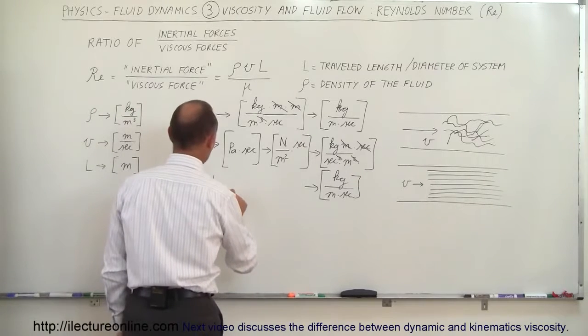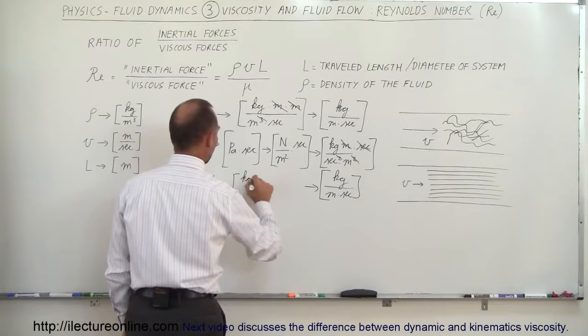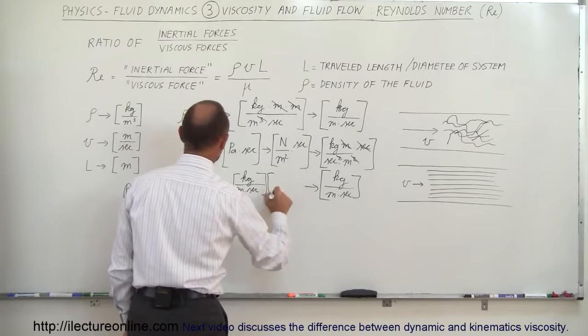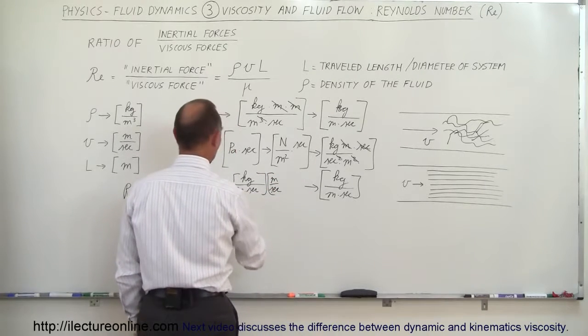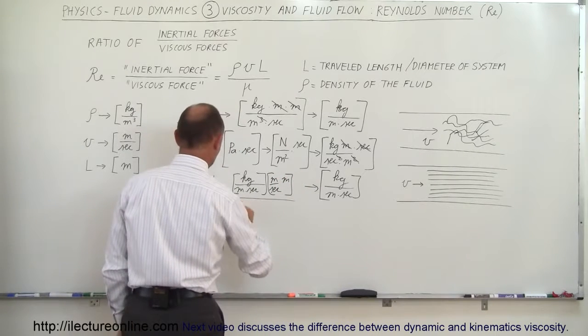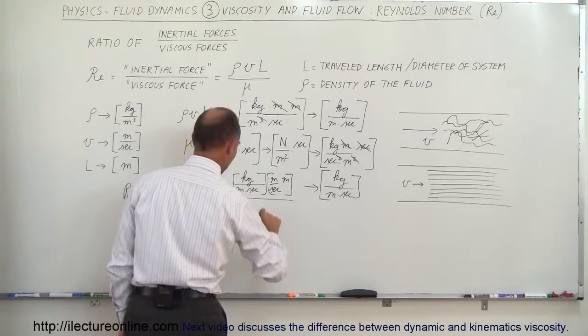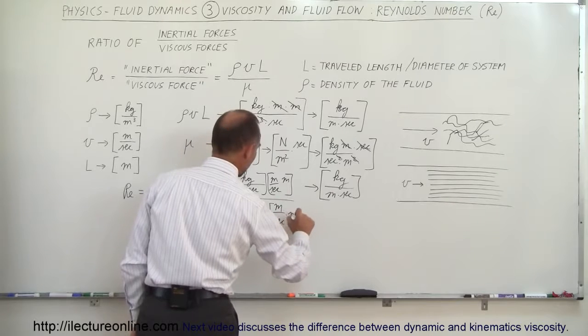Well, at that point, we have kilograms divided by meter times seconds, and then we multiply that times velocity would be meters per second, and L would be meters, and in the denominator, same thing, we end up with kilograms divided by meters times seconds, multiplied times meters per second, times meters.